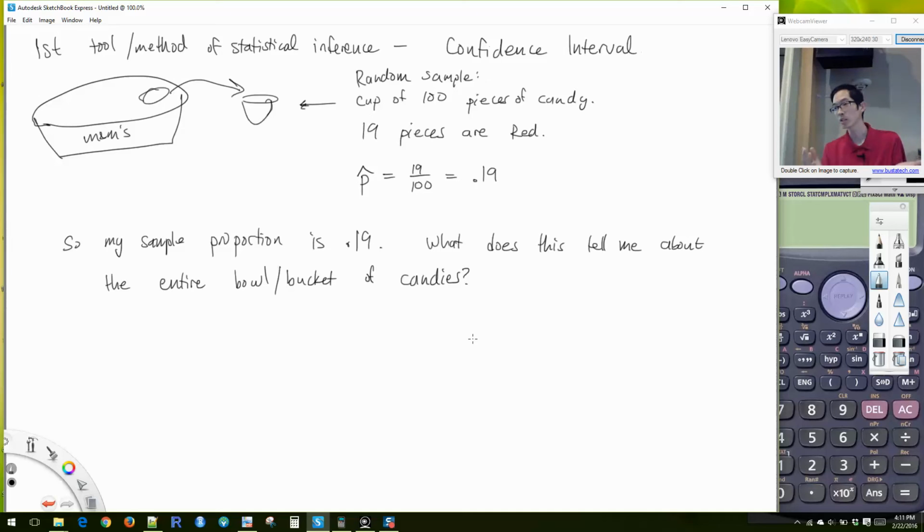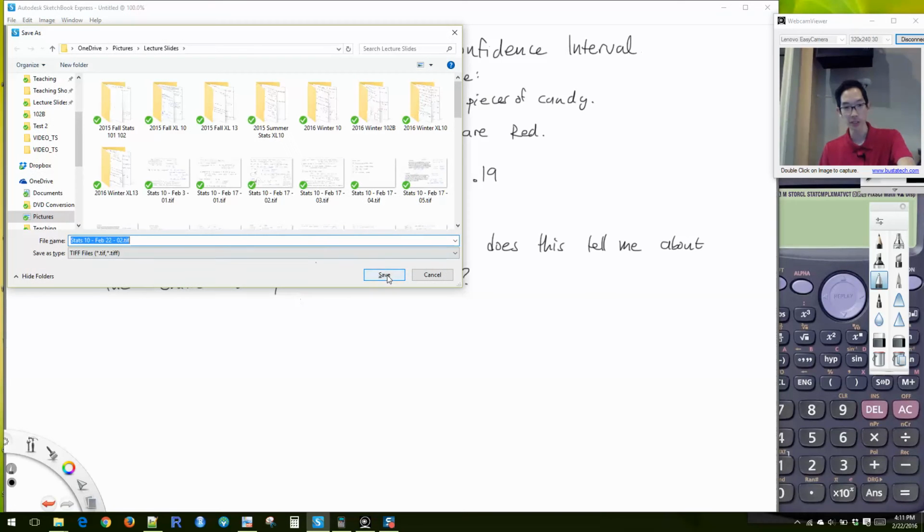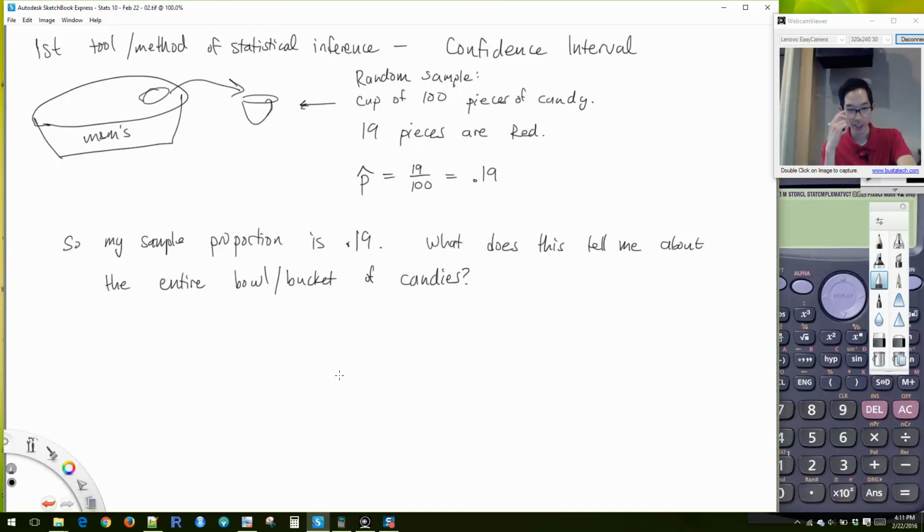Does this tell me anything about the bucket? What, if anything, can I say about the entire bucket of candy? Put this thought on hold, and I'm going to flip to the next slide. So, think about this.